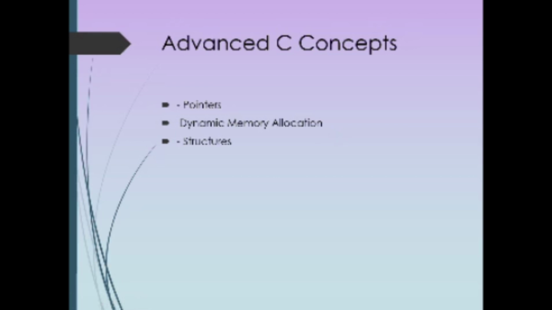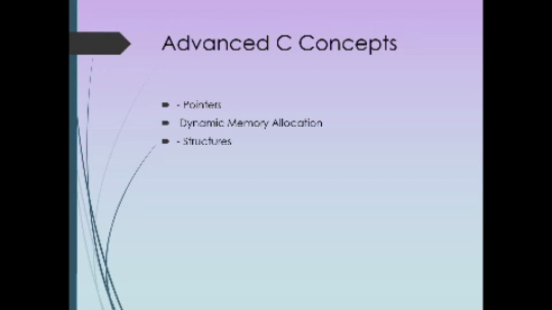Now we have to assign the address to the pointer variable. So the syntax will be pointer variable name, assignment operator, ampersand, and the variable name of which we want to store the address. Now we will go to dynamic memory allocation.